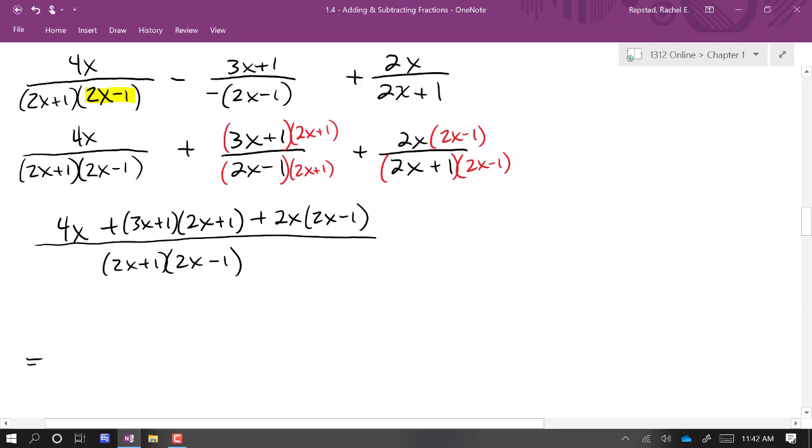Okay. Now, the denominator I leave factored. It is written as a product of its factors. The top is not written as a product of factors. I can see that we have some multiplication happening, but overall, I'm adding some products together. So we're going to expand those products, combine like terms.